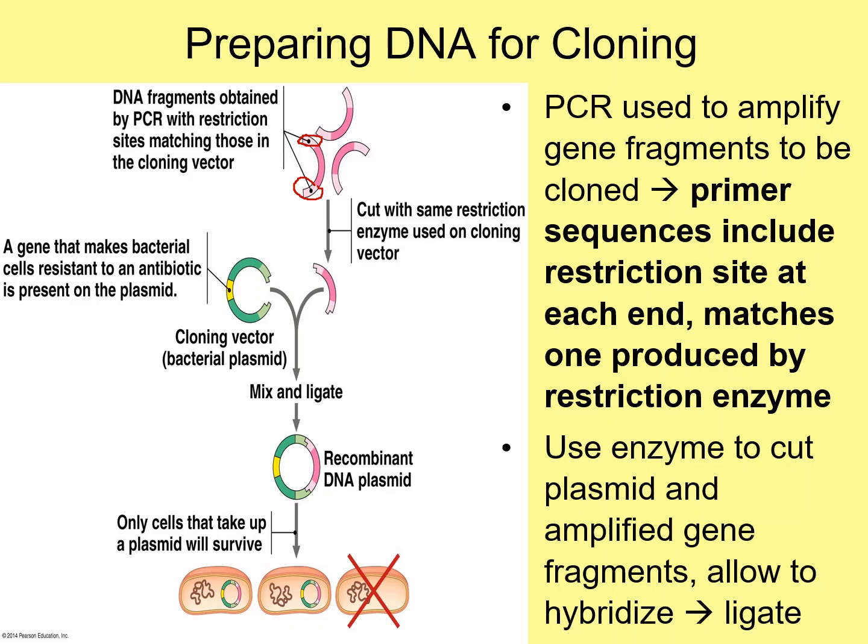I'm going to cut my plasmid with the same restriction enzyme, and then I'm going to mix the two together, exactly what you did in lab. I'm going to mix together my cut gene pieces and my cut plasmid pieces and add, as we would expect, DNA ligase.